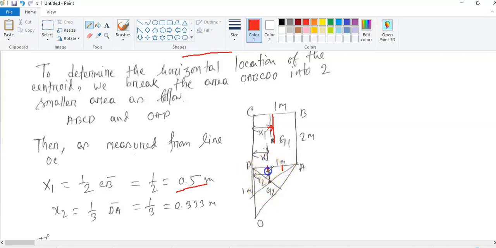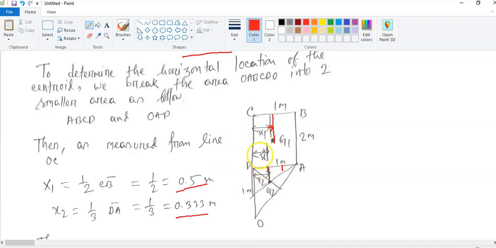So let's say this is the first part, this is the second part, and the third part. This distance x2 is 1/3 of this AD, which is 0.33. You can create one more section here, so it should be just 1/3 of AD. So that means we got x1 and x2.